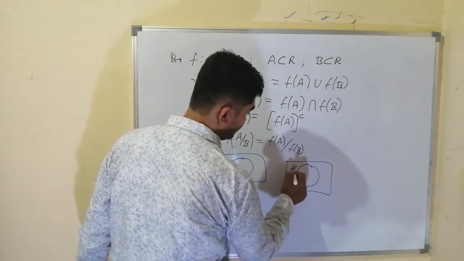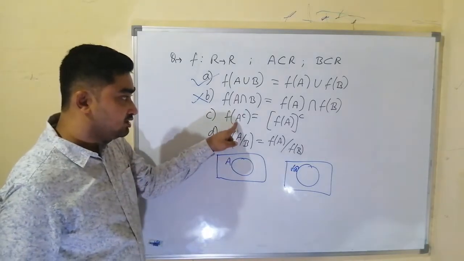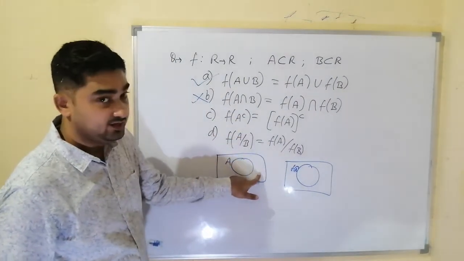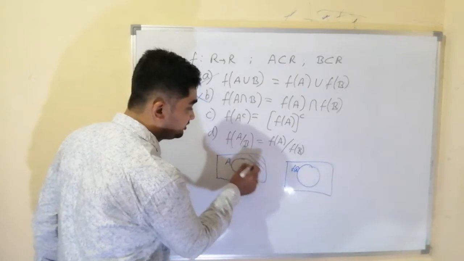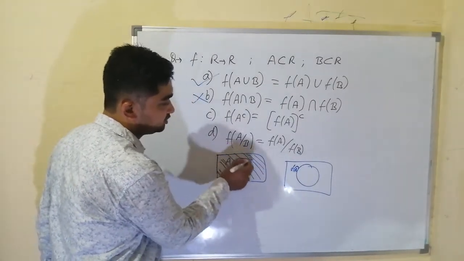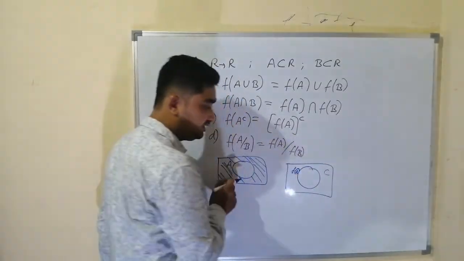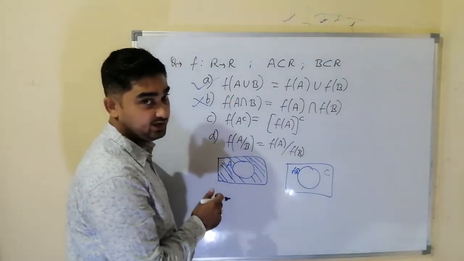Now when the input is outside of A, when A complement is the input, then what is the output? When the input is A complement, the output will be the complement of f(A).